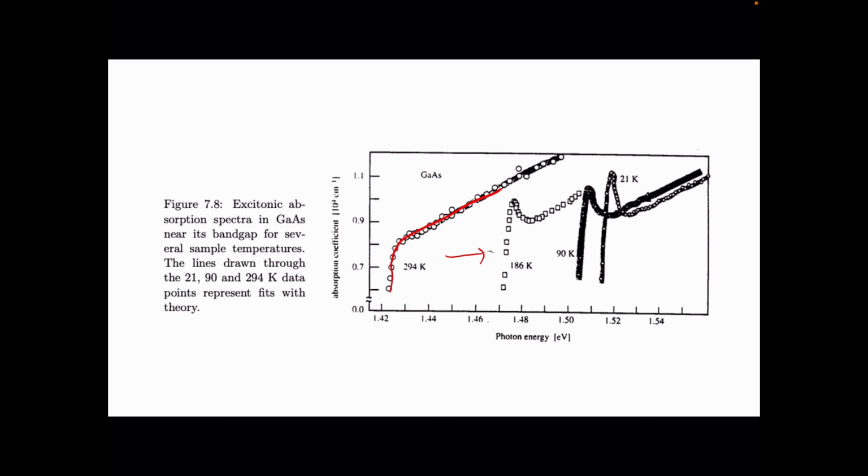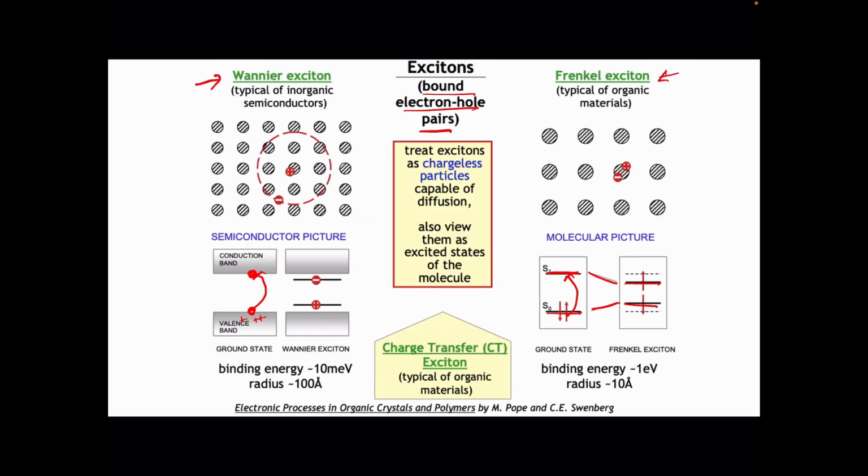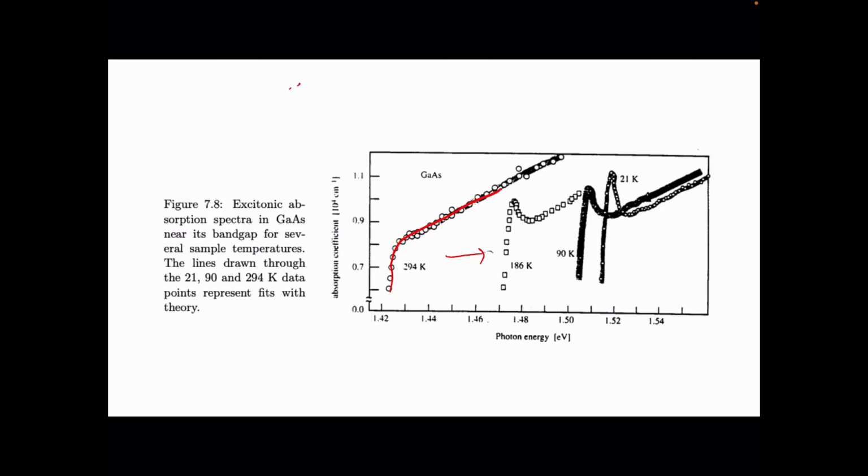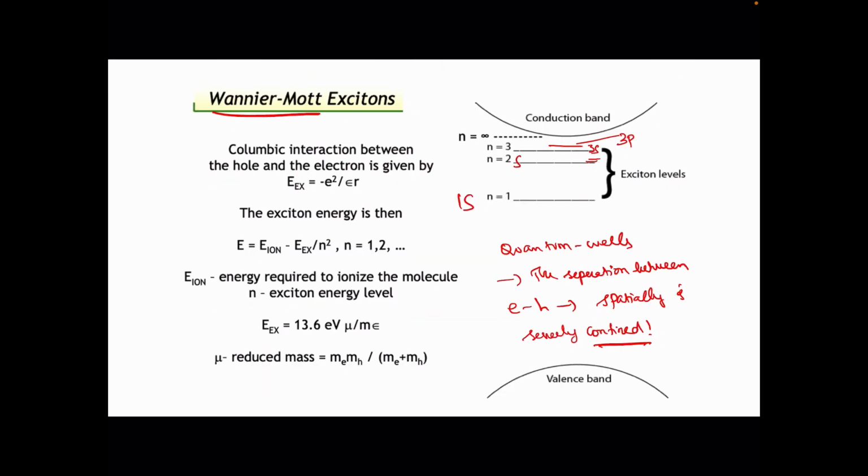The excitons are bound together by what is called the exciton binding energy, and the binding energy of an exciton is, I should not write twice, basically the energy of an electron plus the energy of a hole minus the energy of the electron hole pair.